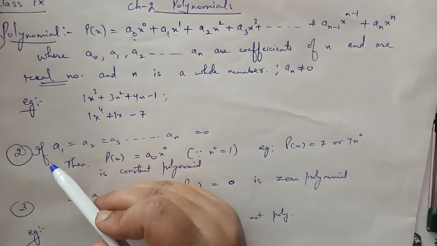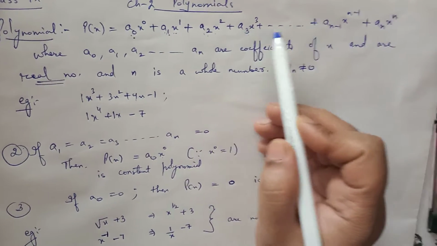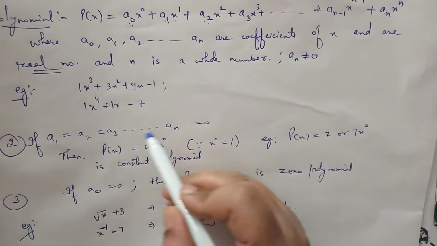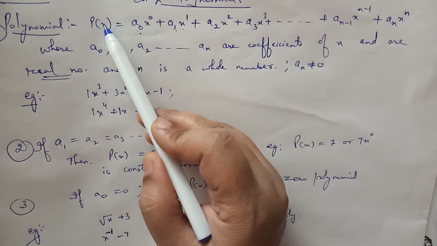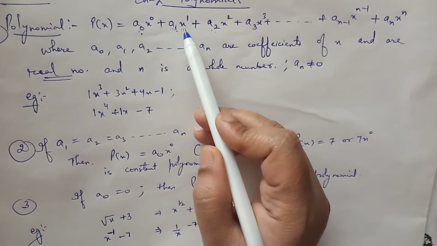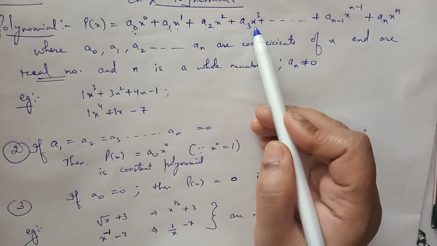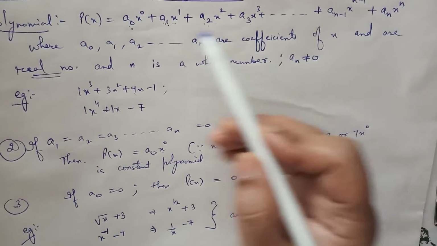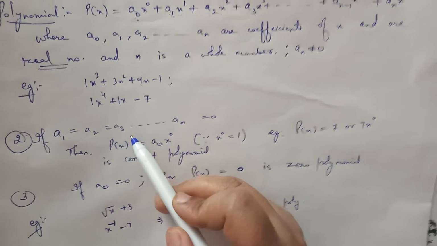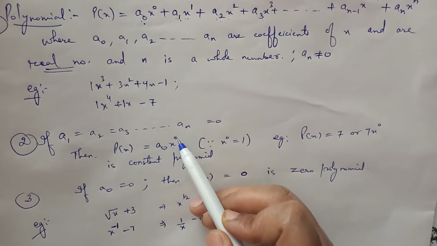Again, the second thing I want to tell here is, if these coefficients a1, a2, a3, a(n-1), an are 0, then what will happen to p(x)? a0 x^0 plus 0 into x, that is 0, 0 into x square 0, 0 into x cube 0. So all these terms will be 0 and you are left with a0 x^0.